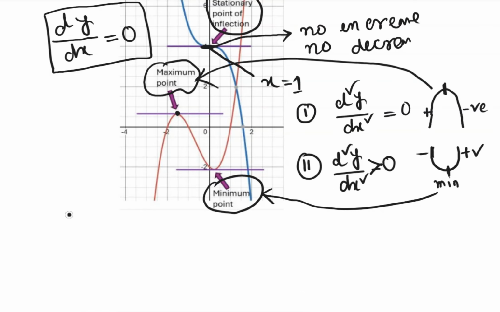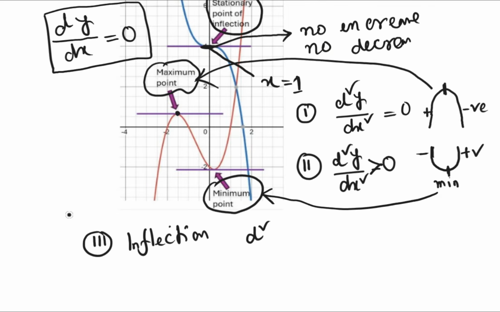The third point, we can say, is the point of inflection. It is a special case. Sometimes the graph flattens but doesn't turn. It keeps going in the same general direction, and there might be a change of curvature.